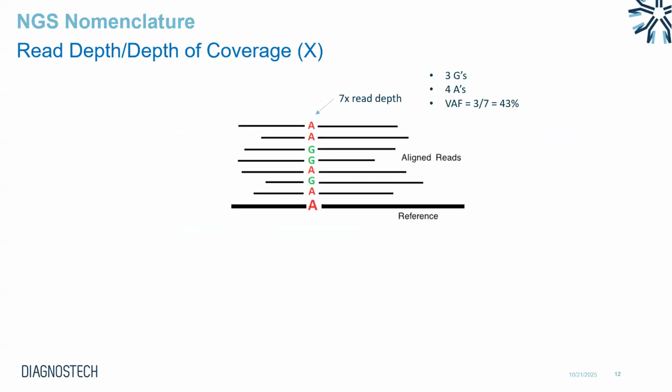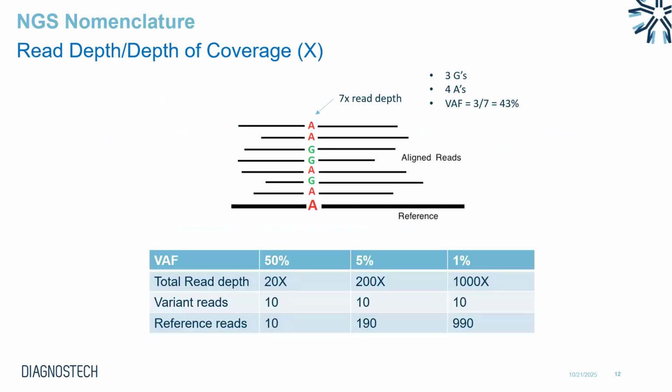Then we have read depth, or depth of coverage. Increased read depth improves variant detection sensitivity. For diploid organisms, germline mutations require less coverage as the frequency should be close to a 50-50 split, usually between 45 and 55%.